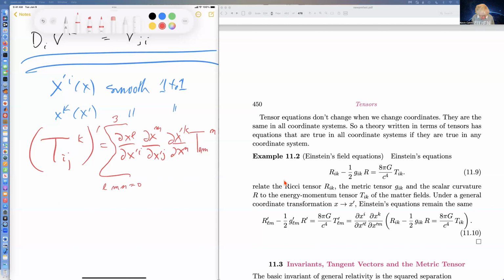Well, it could be that the specific coordinate system is one that, how shall I say, somehow conflicts with nature.